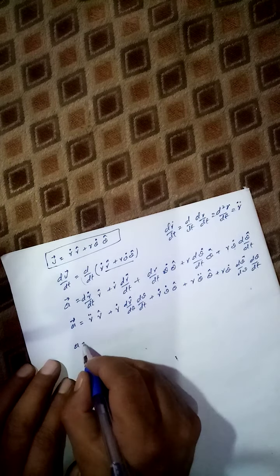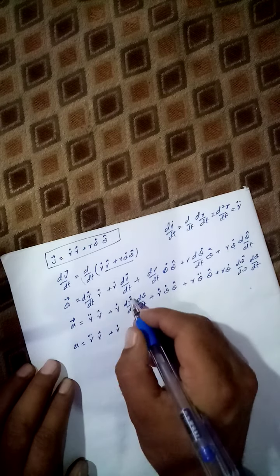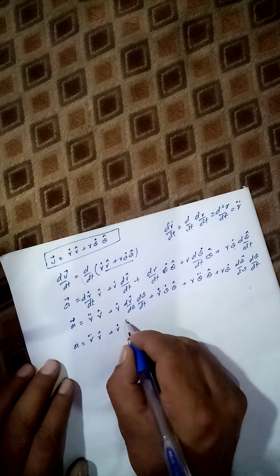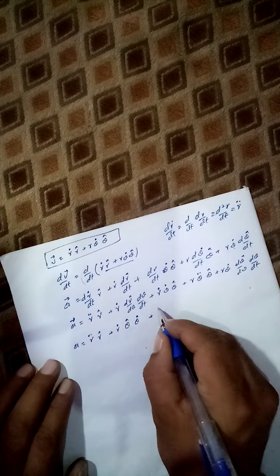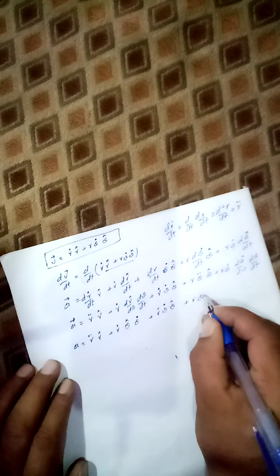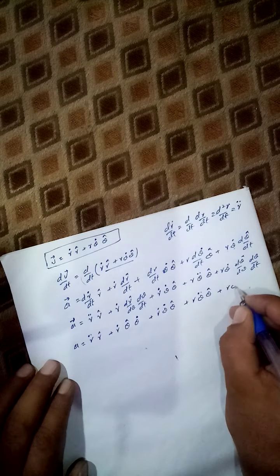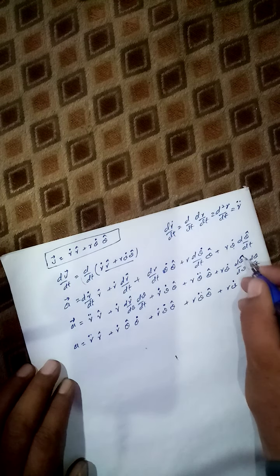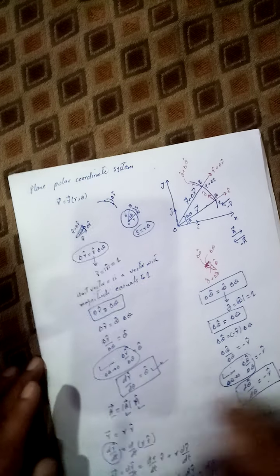Now acceleration is equal to r double dot r cap plus r dot, dr cap over d theta is equal to theta cap, and d theta over dt is theta dot, plus r dot theta cap plus r theta double dot theta cap plus r theta dot, and d theta cap over d theta is equal to minus r cap.